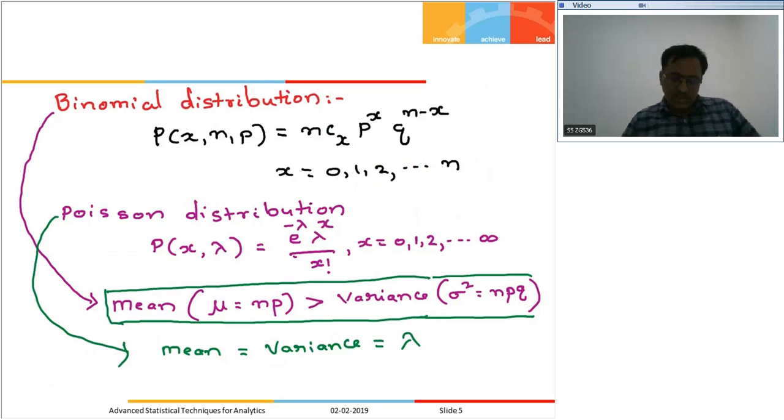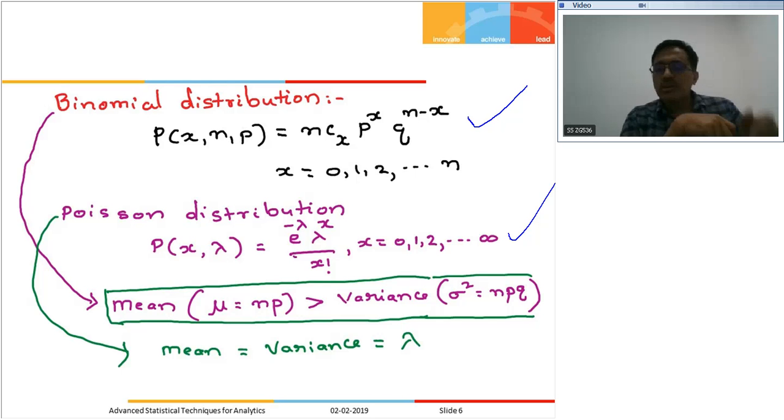This is the corresponding recap: what is P of x of binomial, what is P of x of Poisson, followed by the relation between mean as well as variance.